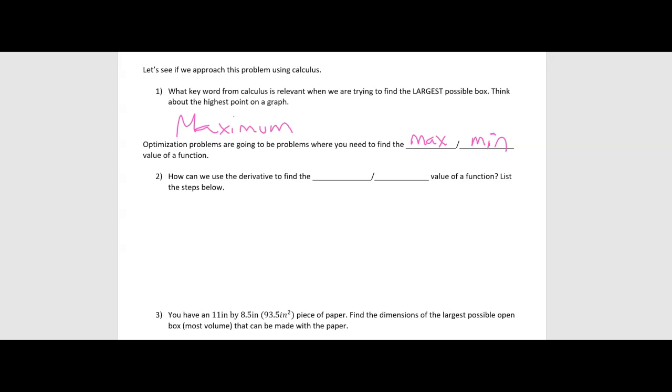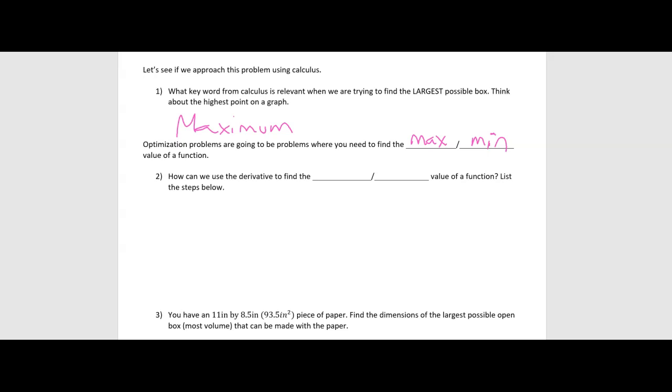They might want to fit the most amount of soup into a can using the least amount of aluminum. So definitely applicable to the real world, these different types of optimization problems.